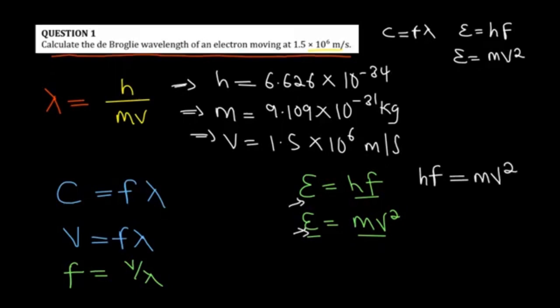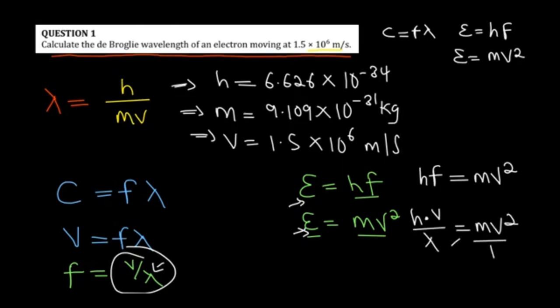Where there's f, I'm going to replace it with v over lambda. So it will be h, and where there's f, v over lambda, is equal to mv squared over 1. Then I cross multiply, so I have lambda mv squared is equal to hv.